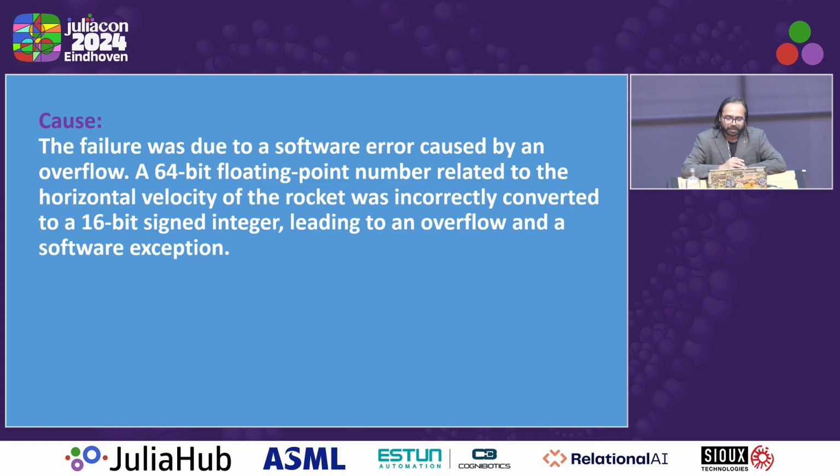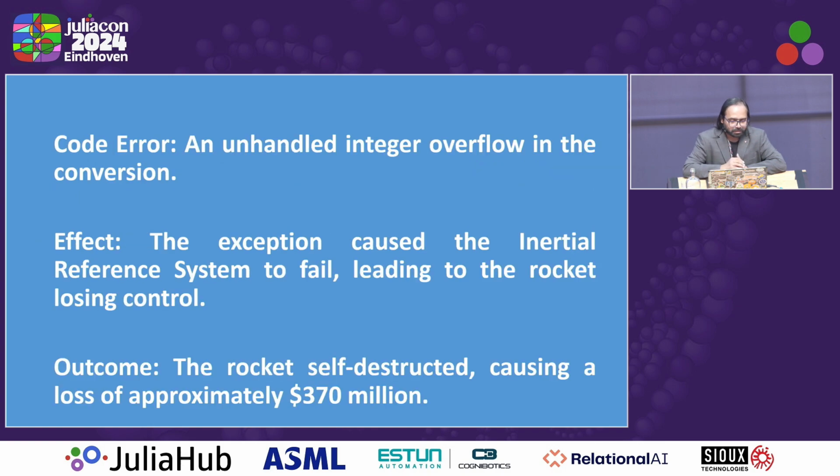A 64-bit floating point number related to the horizontal velocity of the rocket was incorrectly converted to a 16-bit signed integer, leading to an overflow and software exception. The code error was the unhandled integer overflow in the conversion. The effect was that the exception caused the inertial reference system to fail, leading to the rocket losing control. The outcome was that the rocket self-destructed, causing a loss of approximately $370 million.